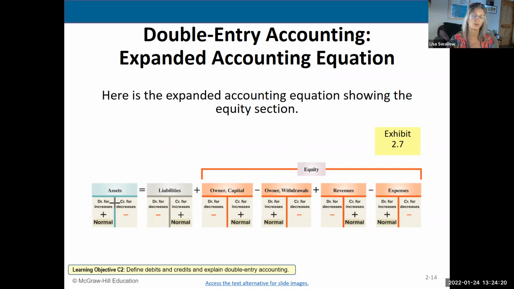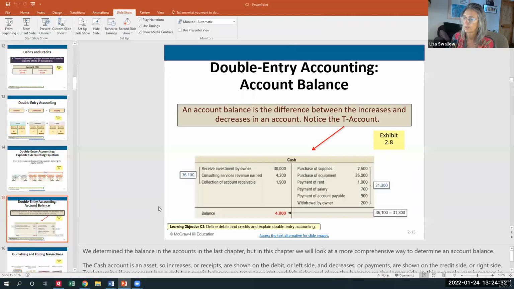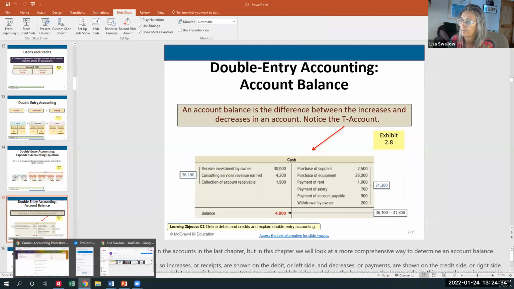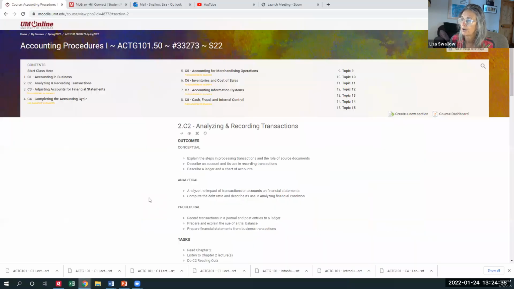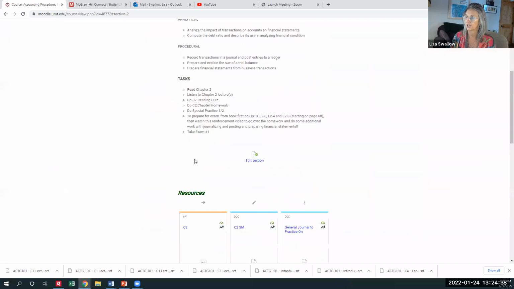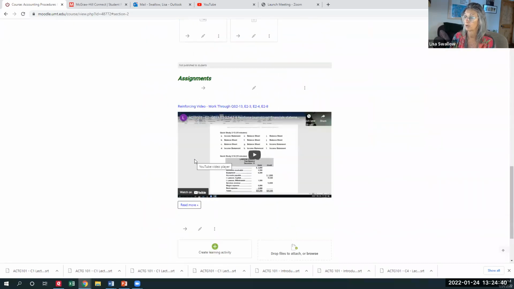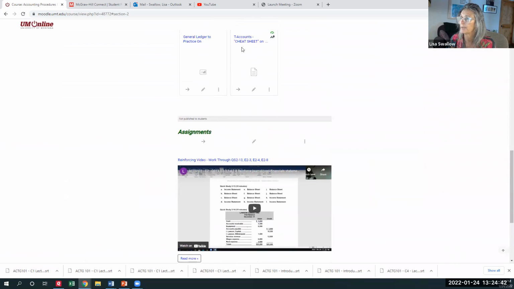This is your tool. This is your cheat sheet. And I have started it. It's really hard to do on Word, but I have started this for you, and it is on your Moodle shell. I'm going to work on it while you do. So get out your paper.